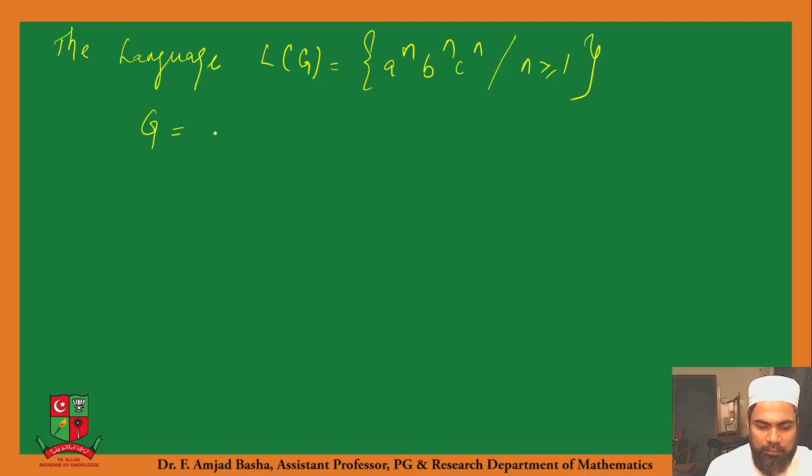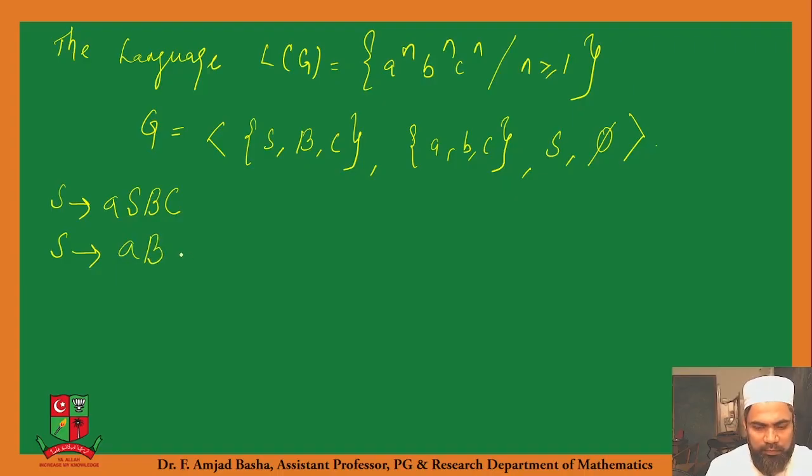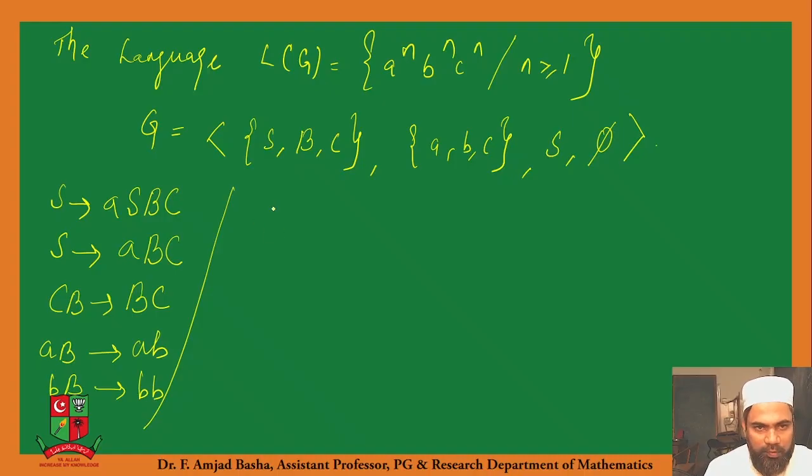Let me take a grammar G in which the set of non-terminals is S, B and C; the terminals are A, B, C; my start symbol is S, and Phi is the set of productions. The productions are: S to ASBC, S to ABC, CB to BC, AB to AB, BB to BB, then BC to Bc, and CC to cc.